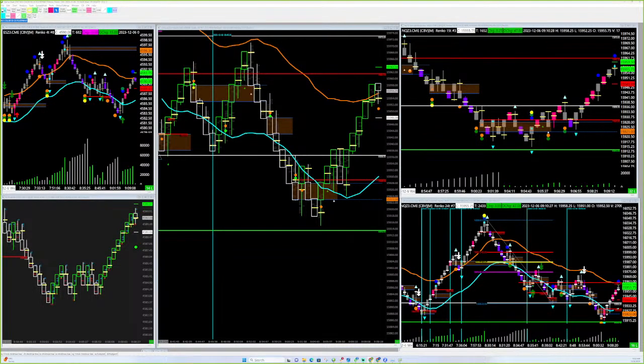So this is where I practice just leaving my trailers, right? To see how far I can get extended out. I got my first and my quarter off. You can either move your stop to break even, right?